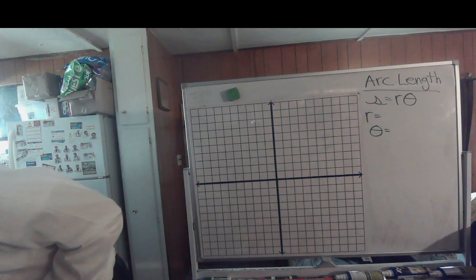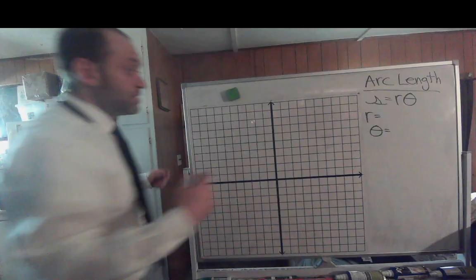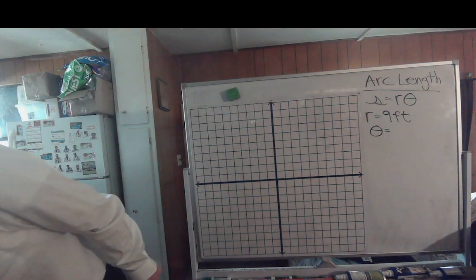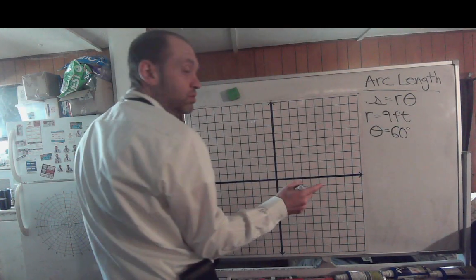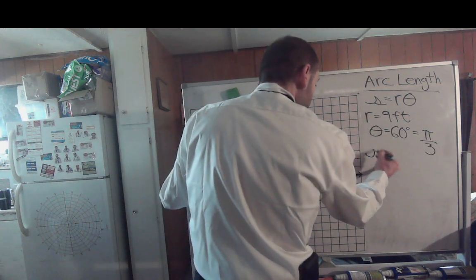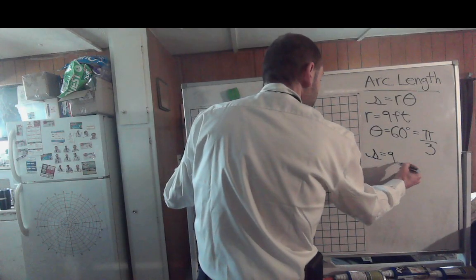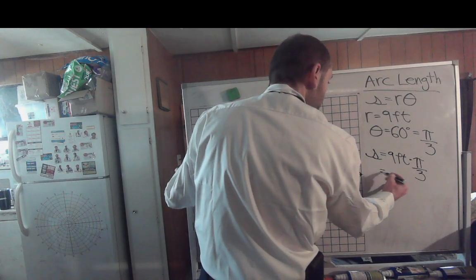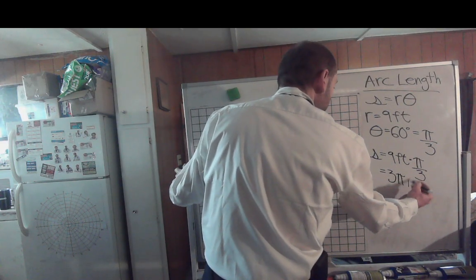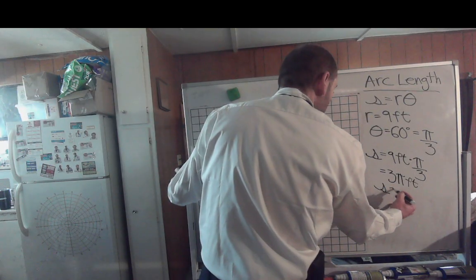All right. Now this time you have a radius of 9 feet. The central angle that encloses this arc is a 60-degree angle. So we want to convert that into radians. That's going to give you pi over 3. So your arc length is going to end up being that 9 feet times pi over 3, which would just give you 3 pi feet, which now we can get a decimal approximation to 2 decimal places.